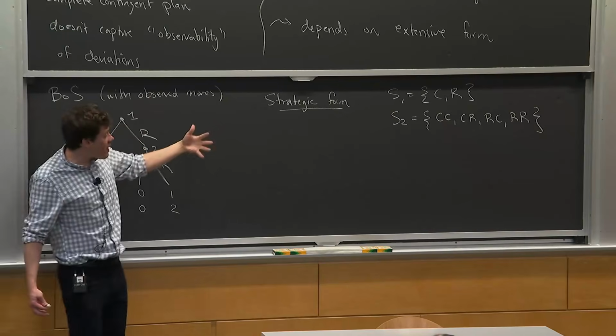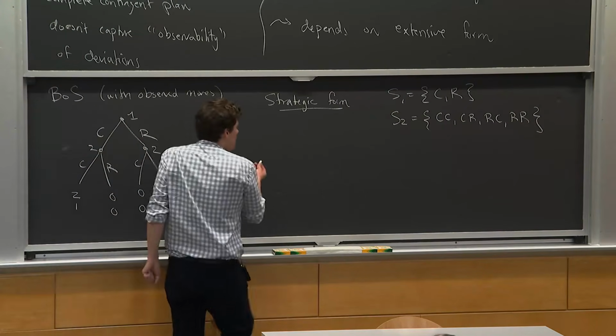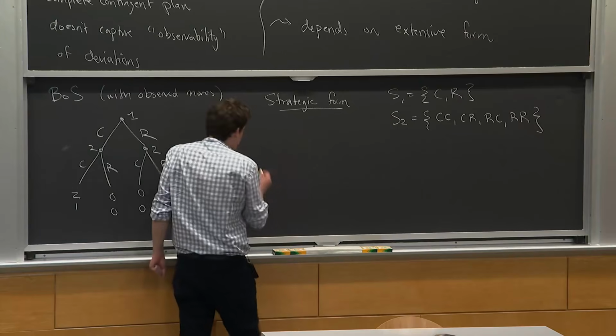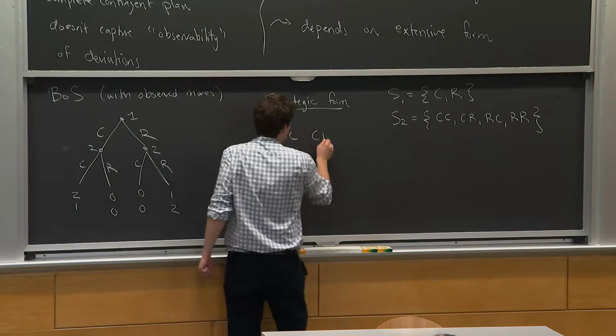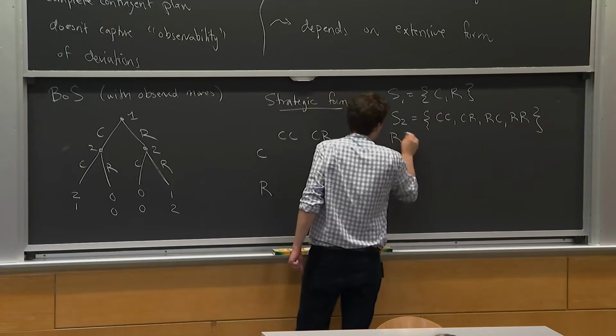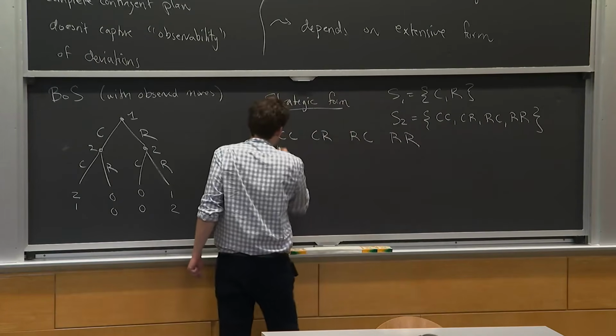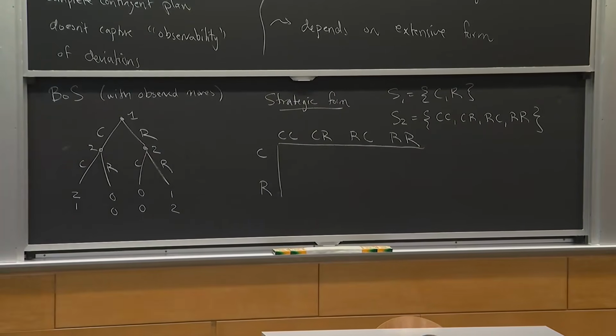So now we've defined the strategies, we need to write out the strategic form. So we have C and R, and we have CC, CR, RC, RR. Now we want to fill in the payoffs here.